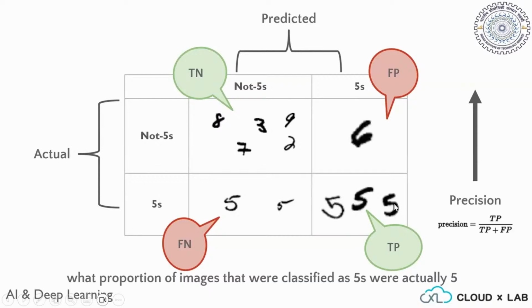Here we are predicting 3 images. This cell we are predicting 5 images, and this cell we have 2 data points, 2 handwritten images, right? So here precision is 3 divided by 3 plus 1, right? Any doubt here in precision?